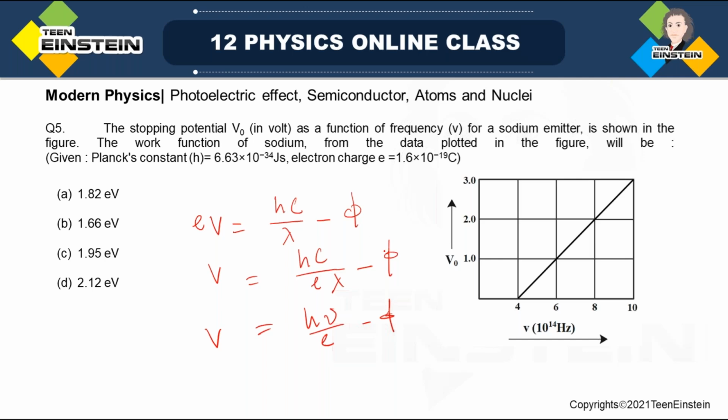Now you have to find out the work function, right? So what will be the work function? Work function is this one. You have to take the negative, it's negative. So this will be the intercept actually. This is a linear curve, y is equal to mx plus c, where x is nu.